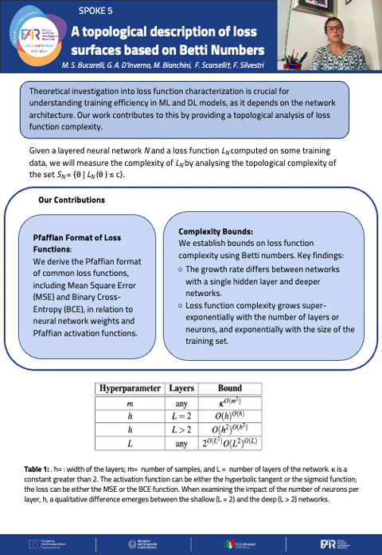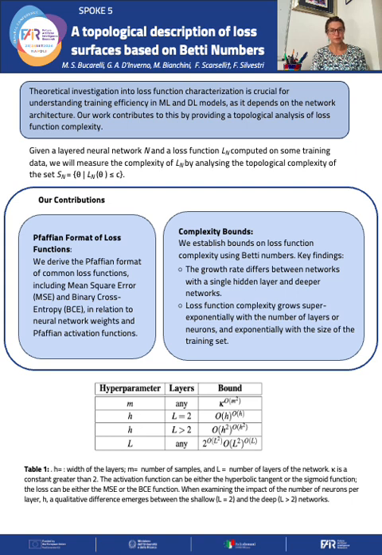We consider as loss functions binary cross entropy and mean-square error, and moreover, as activation function, we assume that the network has a Pfaffian activation function. The class of Pfaffian functions is broad and includes most of the differentiable functions that are used as activation, such as hyperbolic tangent or sigmoid.